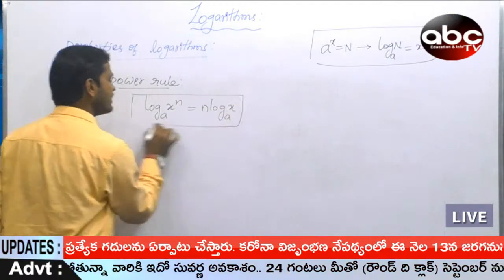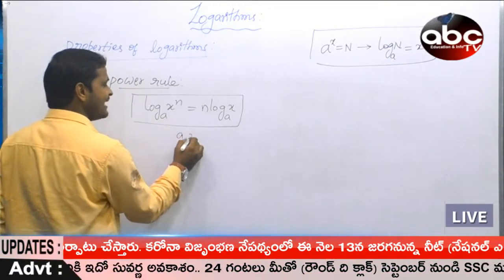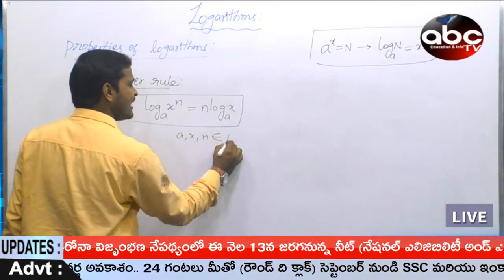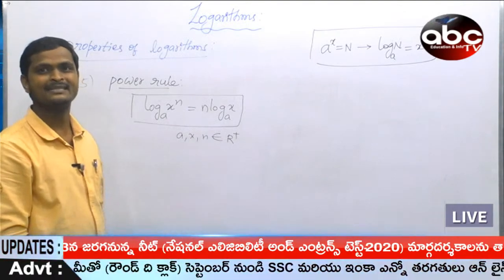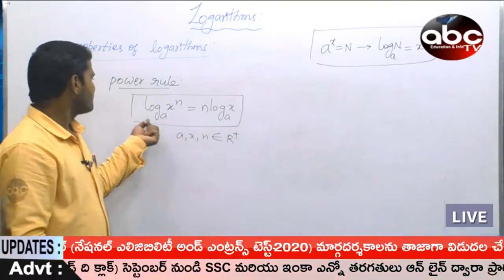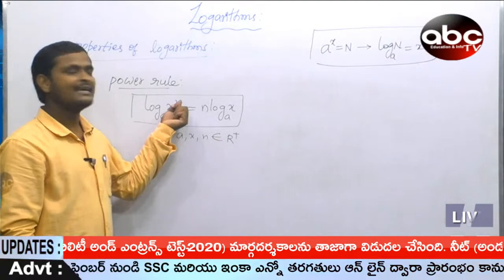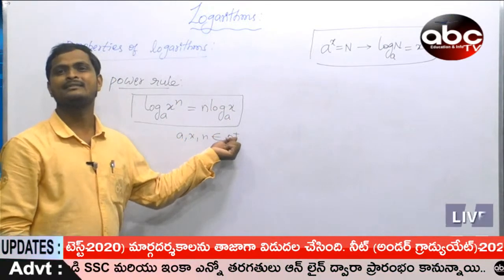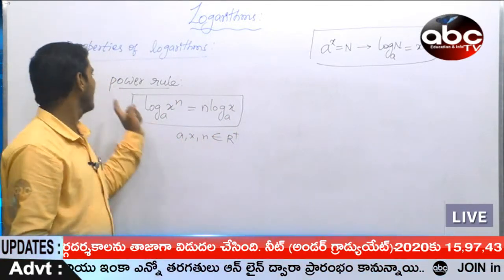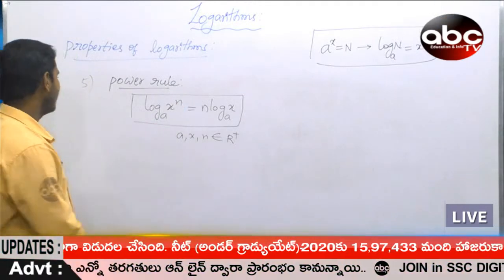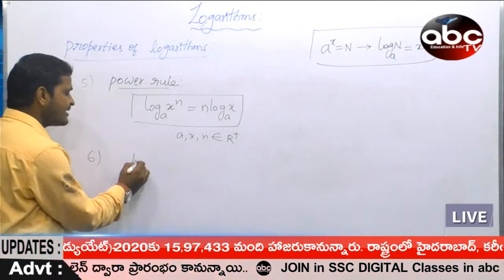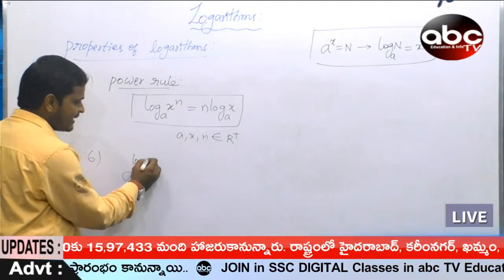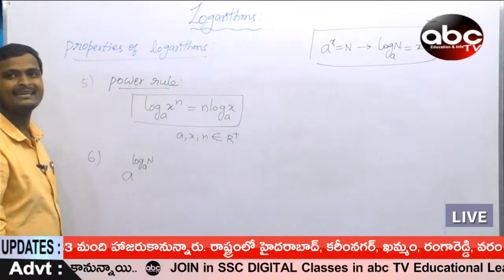It is the power rule where a, x, n belong to real numbers. Is it clear, students? Very simple. When log x power n, then n into log x base a. It is the power rule.